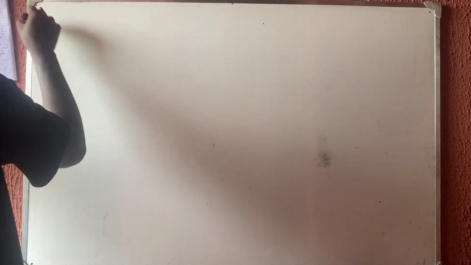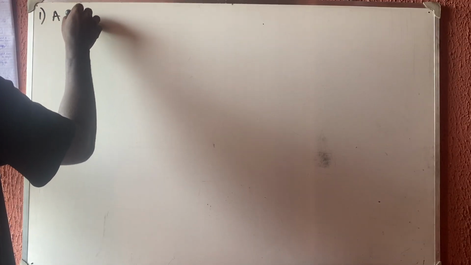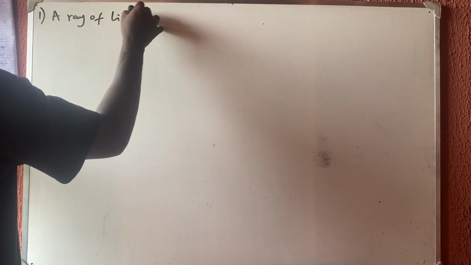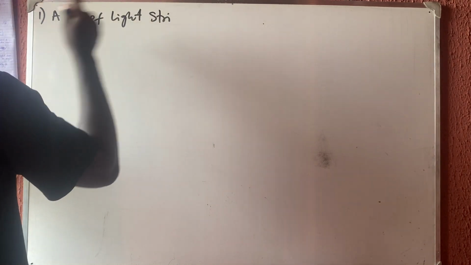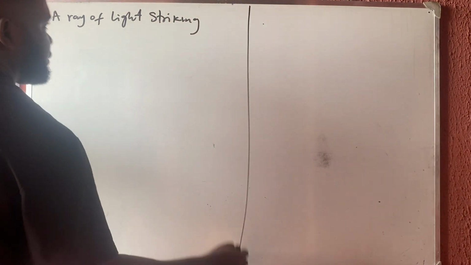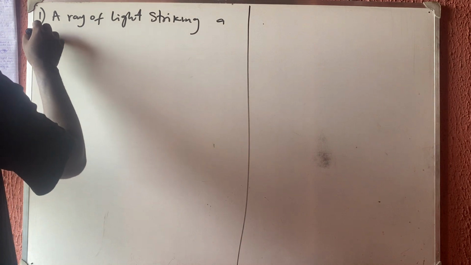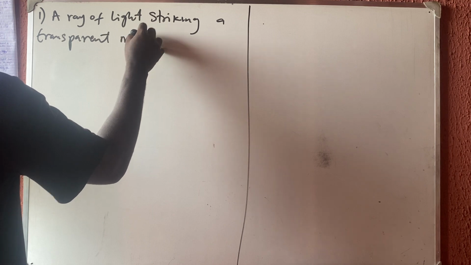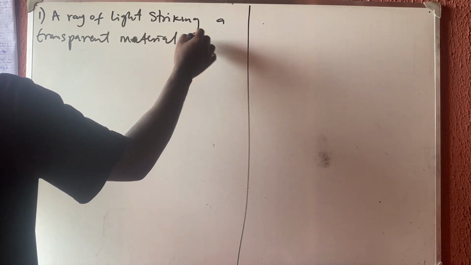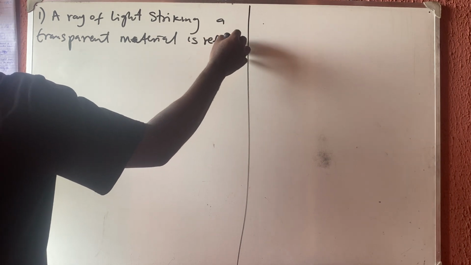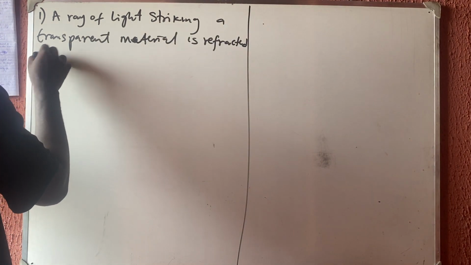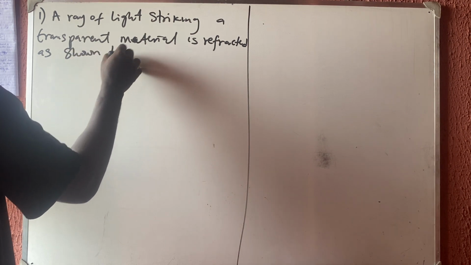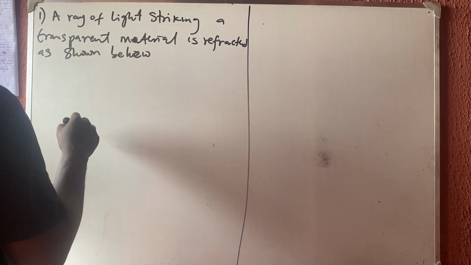So let us solve the first question. Number 1, they say a ray of light striking a transparent material is refracted as shown below.